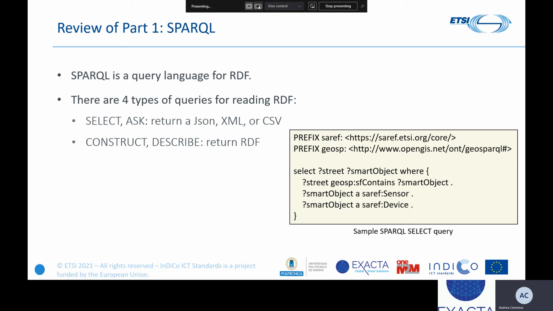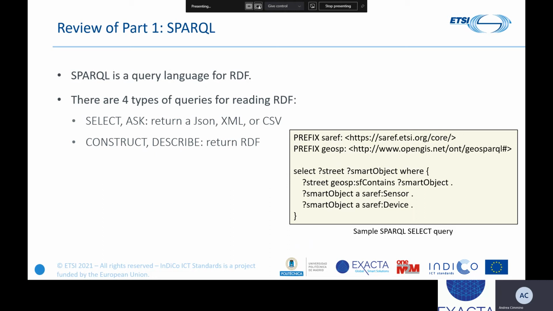And when we do not specify something with a question mark, it will be a restriction. So for instance, our first statement is street, which is a variable, GeoSPARQL sf:contains, which is a constant, and smart object. This means we want to retrieve anything that has the property GeoSPARQL sf:contains, and the object of the triple is anything, okay?